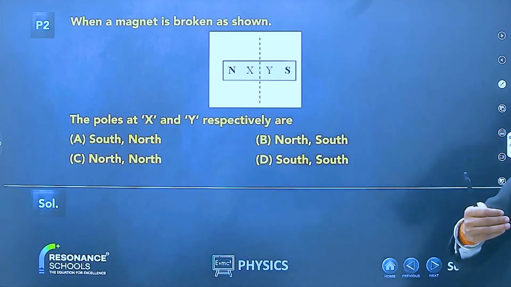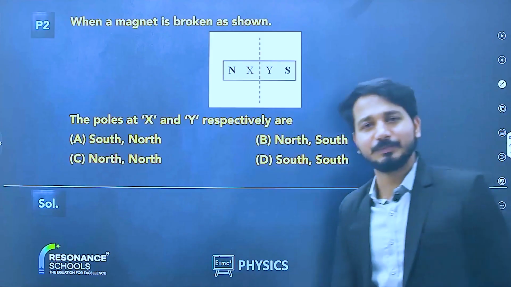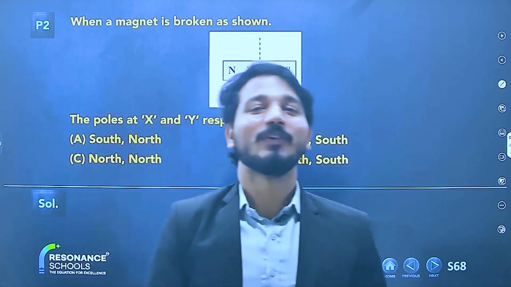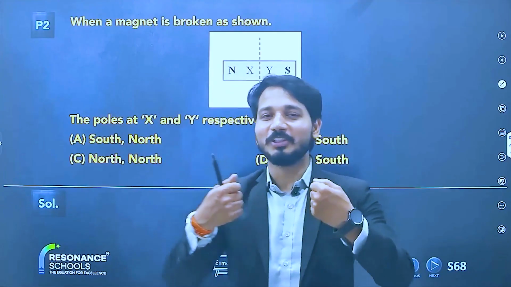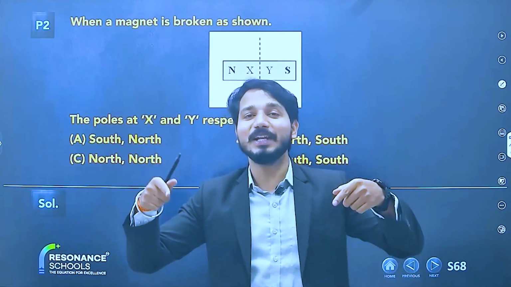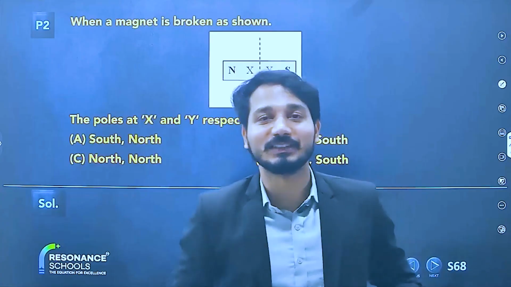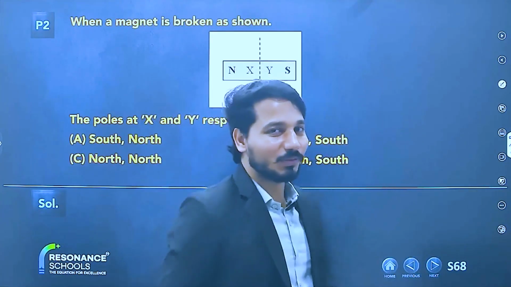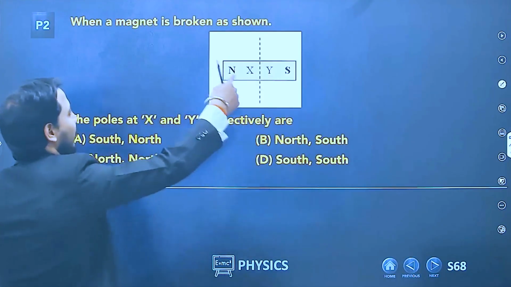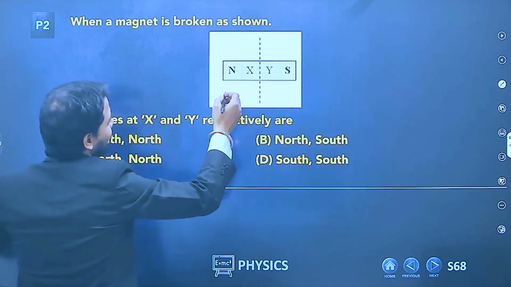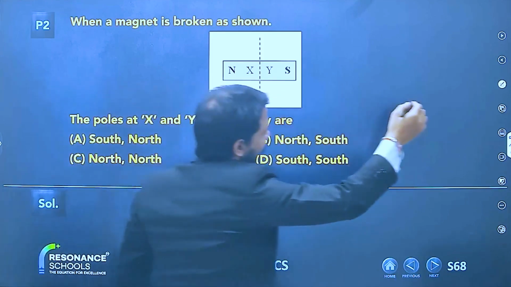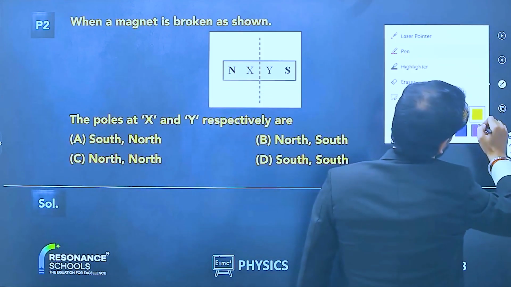So let's check. If you know the properties of magnet, the third property, do you remember? If a magnet is broken into small pieces, then each piece will exist in pairs, and that pair will be north and south. So in this question, if you are breaking it from here, it is not visible, so I'll take another color.